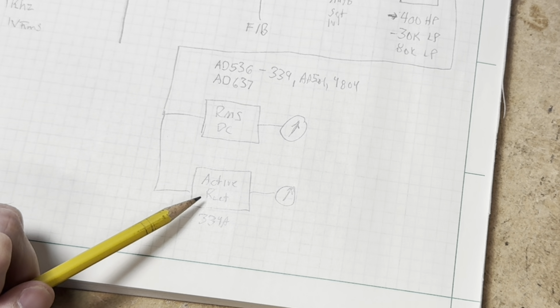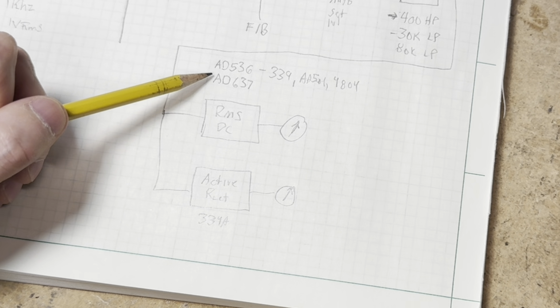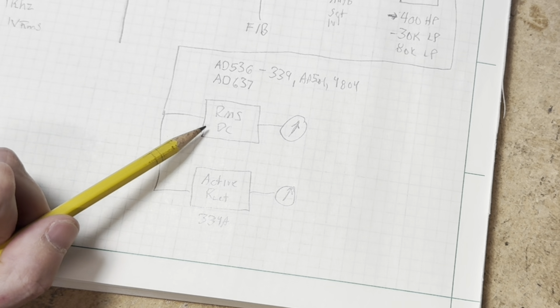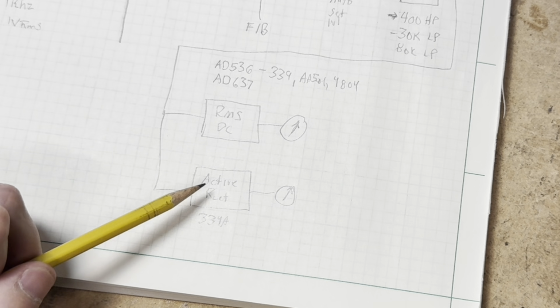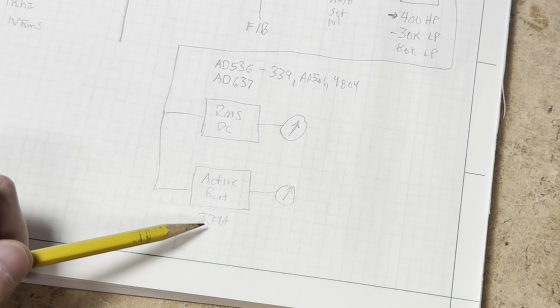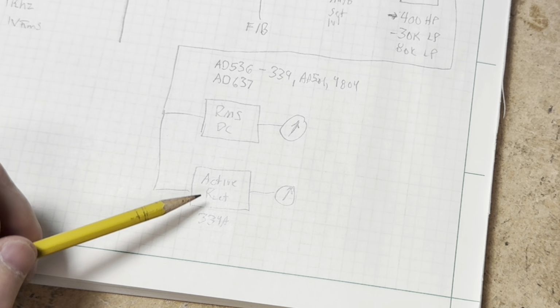The Krohn-Hite instrument that I looked at, and I don't remember the number off the top of my head, did not use the AD536. They may have actually built the RMS to DC conversion portion out of discrete components. I'd have to look back at that again, but I know that the 334A unit does active rectification. Also, the older variants, the 331, 332, 333, those units also use active rectification.